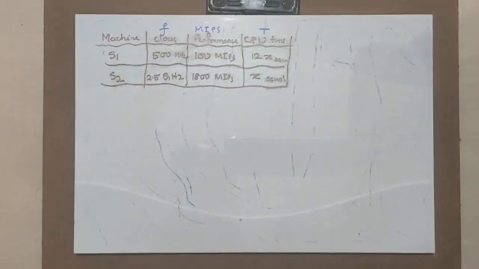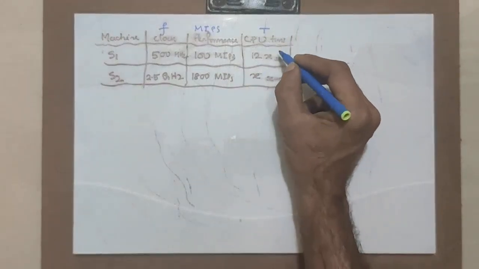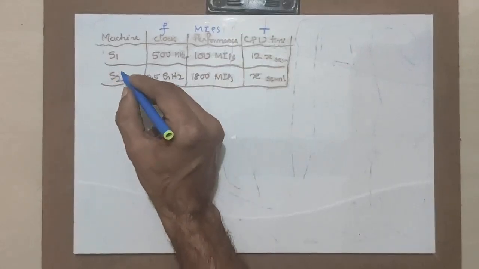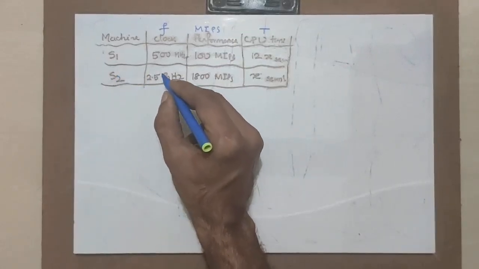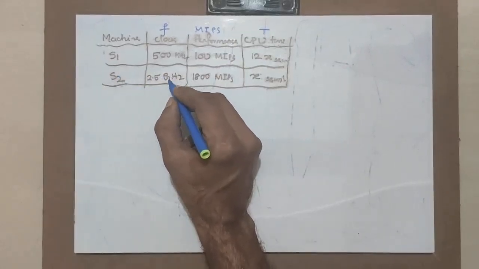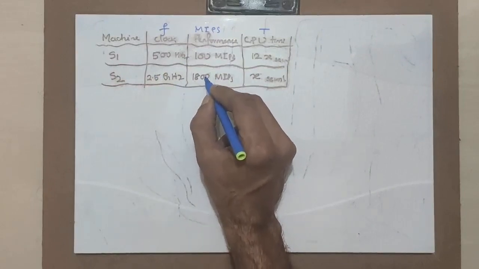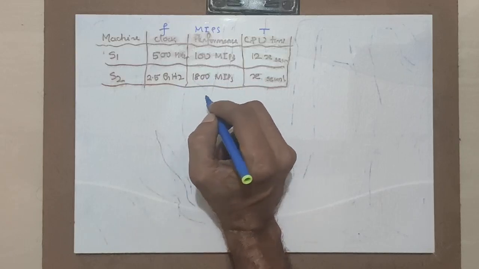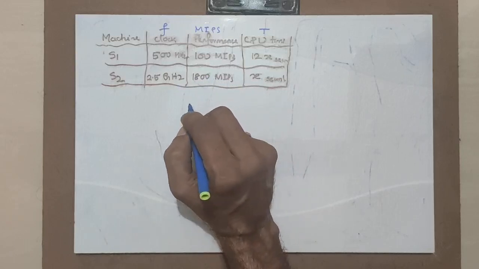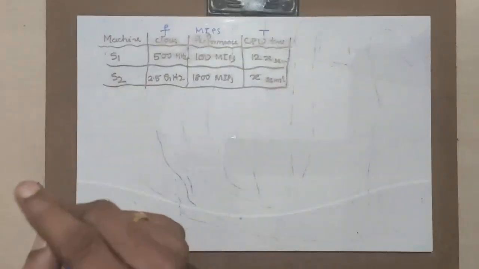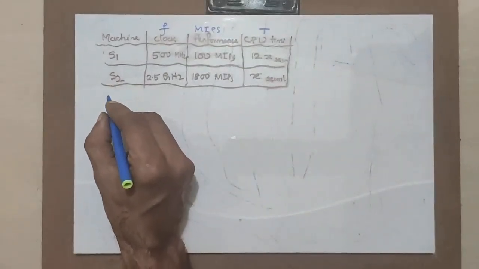Okay, and CPU time taken to execute a program is 12x seconds. The same program is executed by the second machine S2, which is running at 2.5 gigahertz, and the MIPS rate of that machine is 1800, and CPU time taken by that machine is x seconds for the same benchmark or same program. Now let us evaluate the performances.